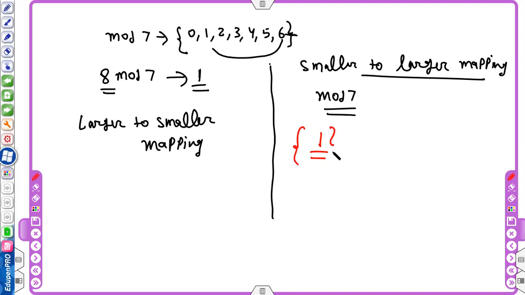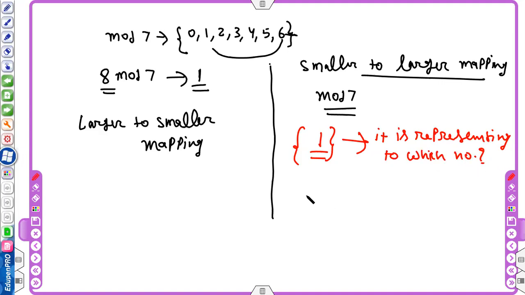Now I ask you, which number does this 1 represent? Let me write it again: x mod 7 equals 1. If we have only the right hand side, can anyone tell me the value of x?